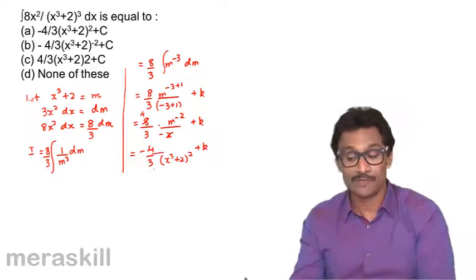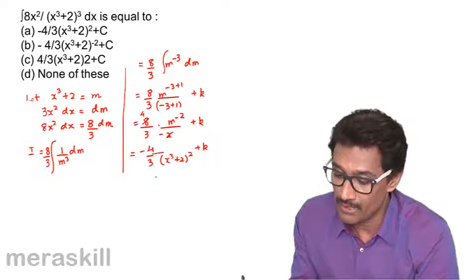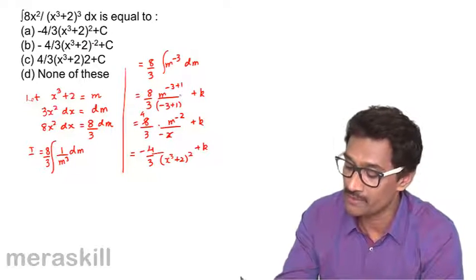So it's going to be minus 4 by 3 into (x cube plus 2) raised to minus 2 plus c.